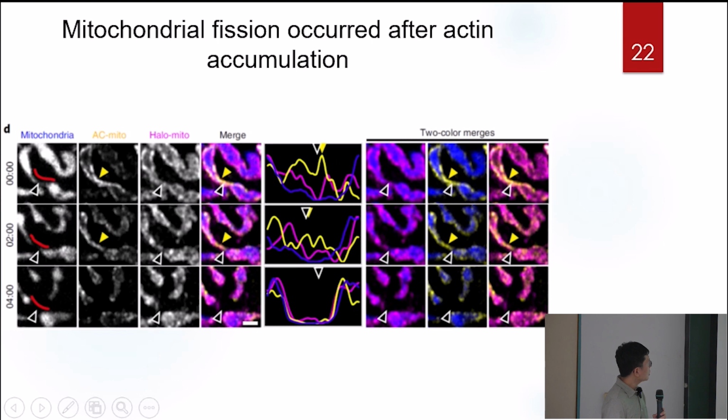Before fission, you can see the AC mito signal increase, and then after fission, the signal decreases. So this means that AC mito accumulates before the mitochondrial fission, which is consistent with other studies. Actin comes first and then helps mitochondrial fission.